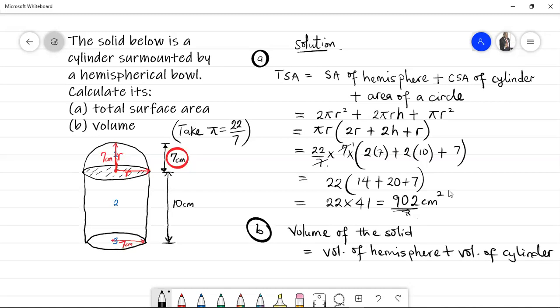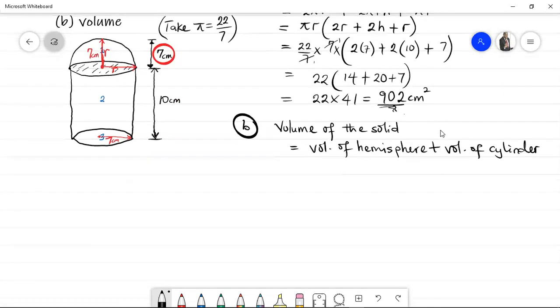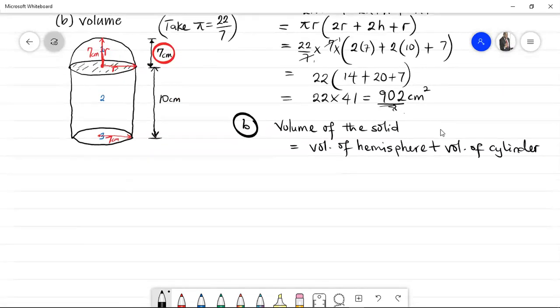So recalling your volume formulas very quickly, the volume of the hemisphere is given as 2/3 pi r cubed. Remember in previous lessons, we discussed that that is simply half of the volume of a sphere. And then I have plus the volume of a cylinder, which is pi r squared h.